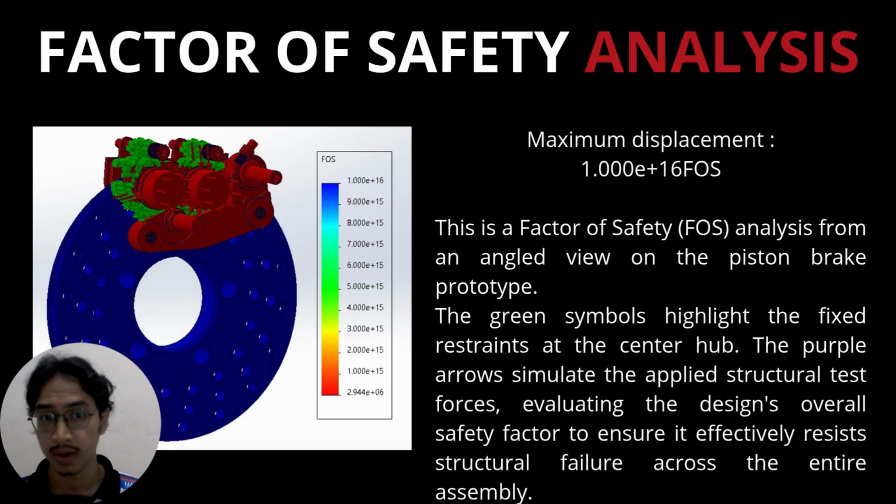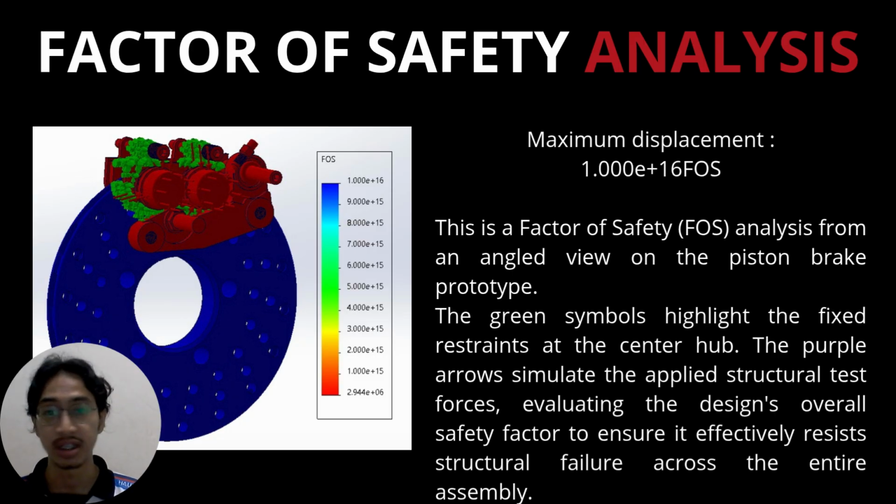Finally, let's take a look at the factor of safety analysis, or the short form FOS, for our brake caliper. This particular plot gives us an angle view of the entire assembly, allowing us to evaluate its overall structural safety factor and ensure the design can effectively resist mechanical failure under operational loads.